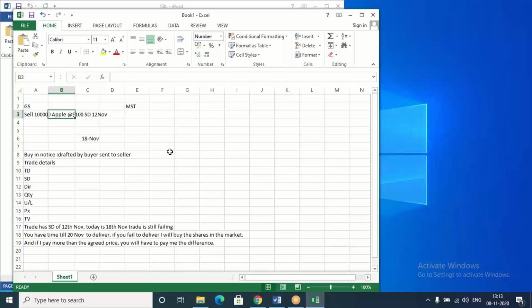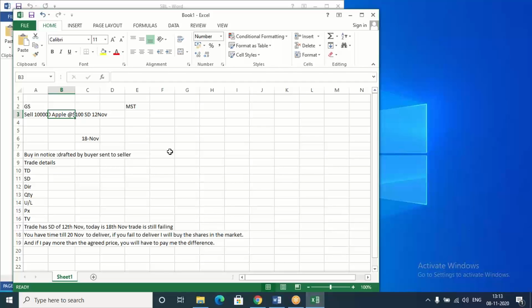Value date on the stock borrow lending contract is, let's say, maybe 20th or 18th of November. Now, because I have to deliver Apple shares to Vatsal on 12th of November, I have put in a recall on 11th saying I want the shares back from you. But you have failed to give me those shares back.